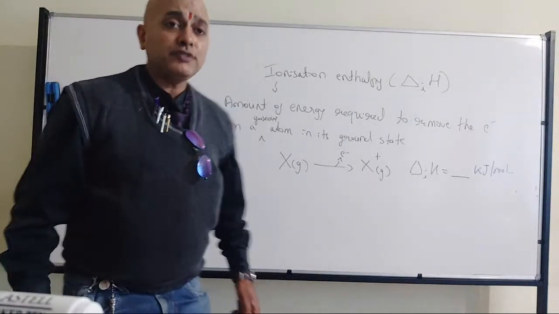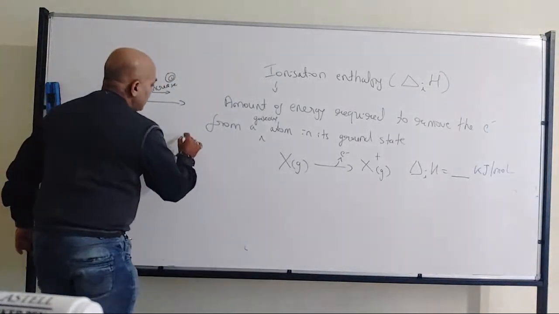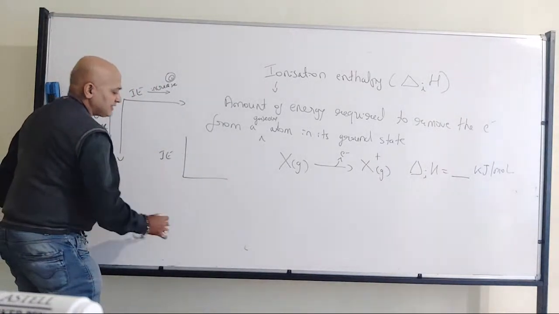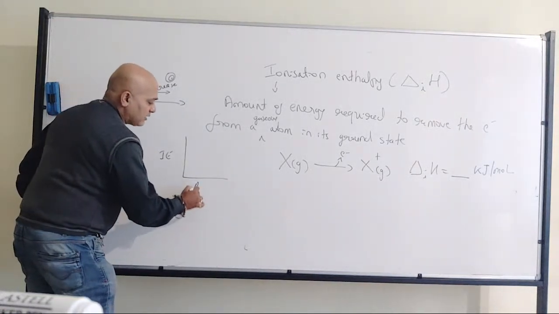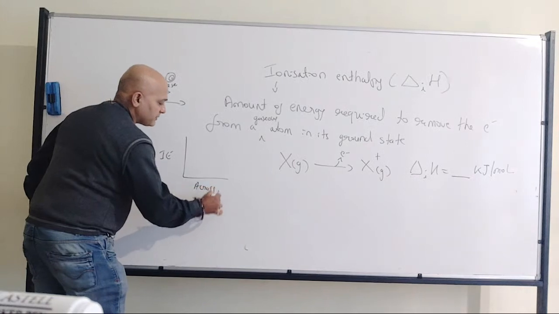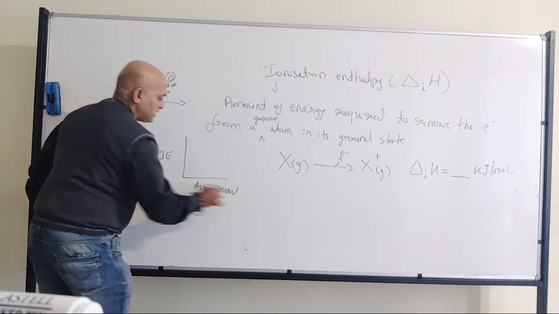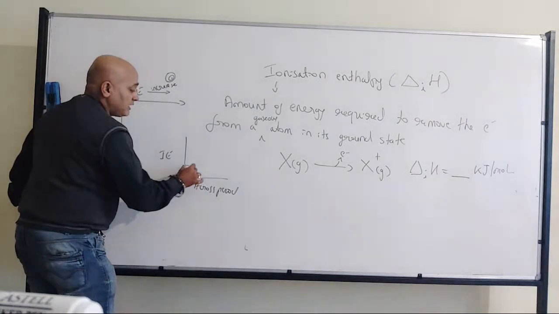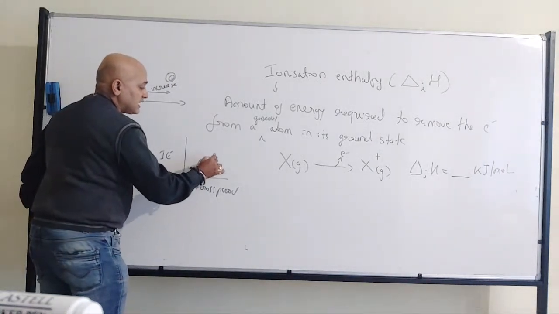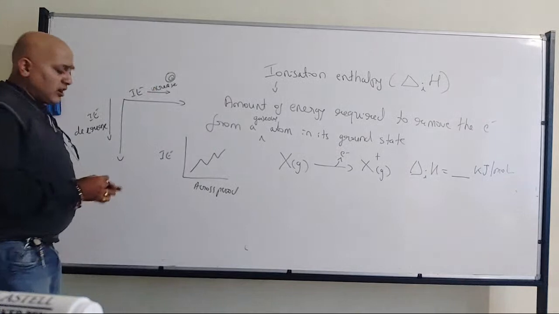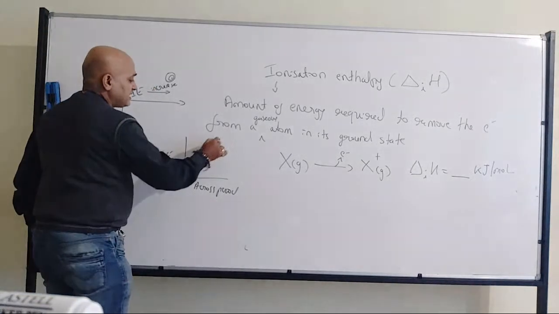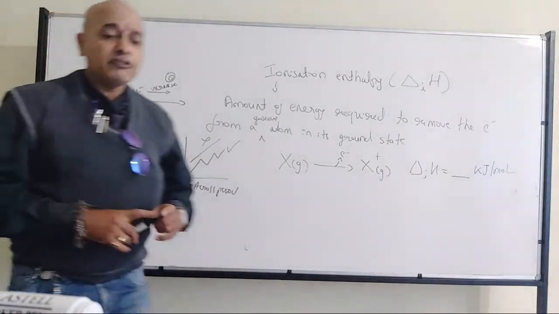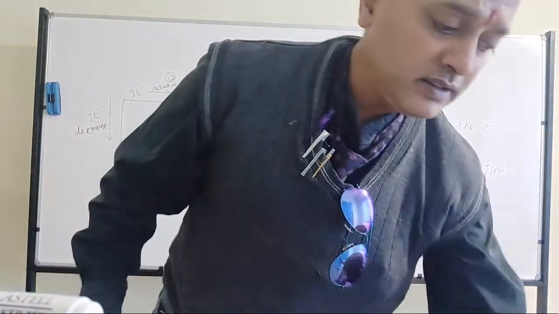If you plot the graph of ionization enthalpy across the period, it will not give a straight line. There will be some variation.